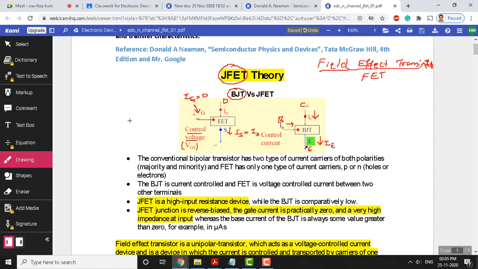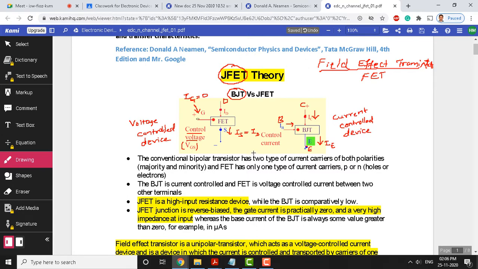So the FETs are voltage controlled devices, whereas BJT is a current controlled device, because the input base current is used to control the collector current. Hence, it is called a current controlled device.